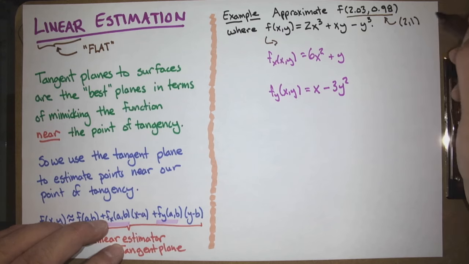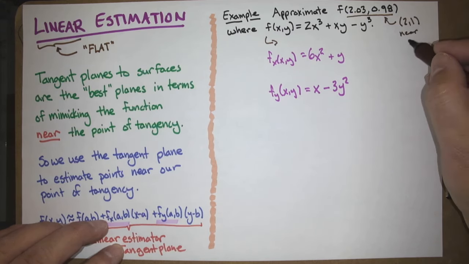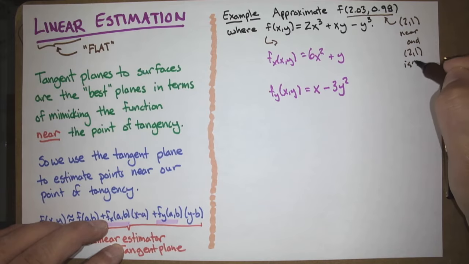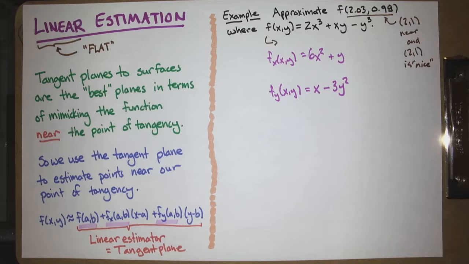We say, aha, this is near the point 2, 1, and 2, 1 is nice. In other words, it's easy to work with. So the point of estimation is you say, look, I'm near a point that's easy to evaluate for my function, my derivatives. So I can use that information and then say, what's the plane saying I should guess?